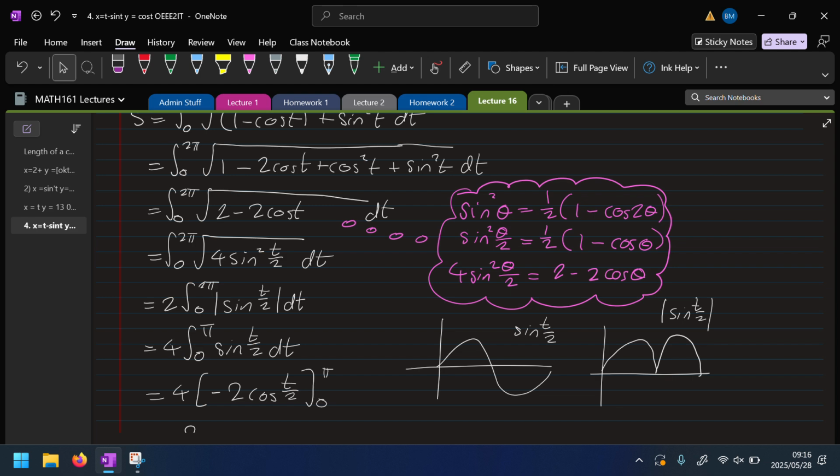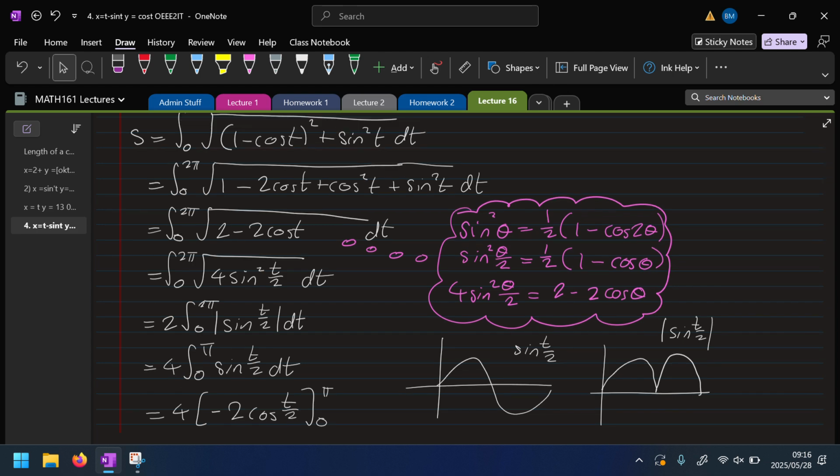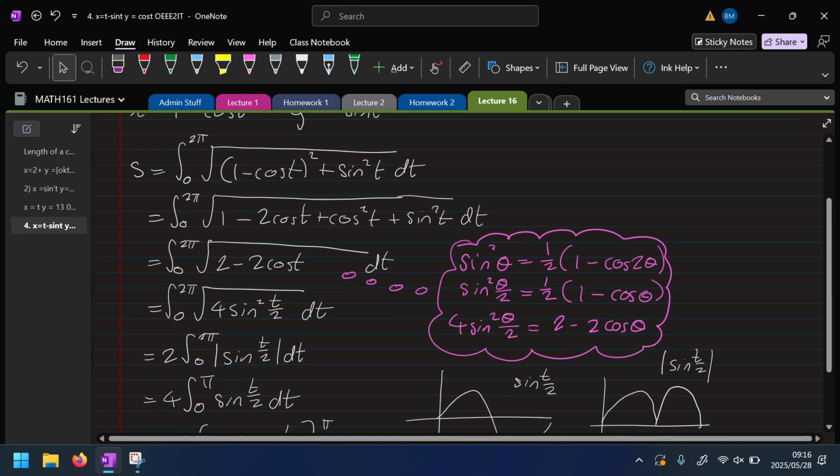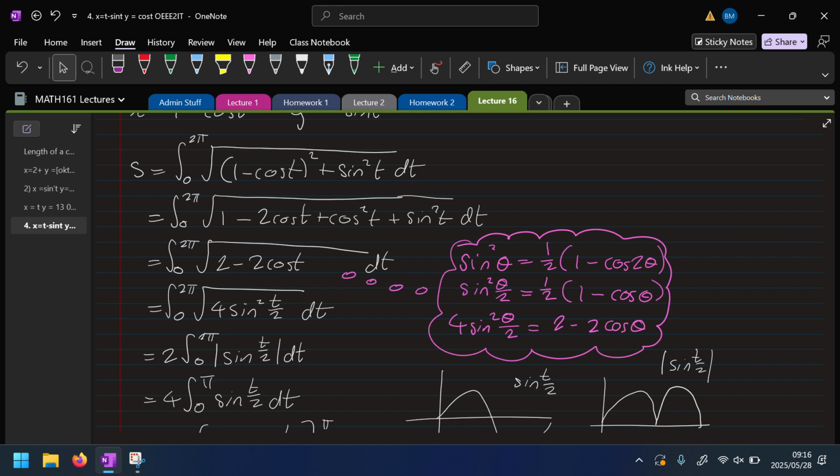Yep. Trig substitution? With which one? So this question. Actually, we would just use sine squared. Yeah, we have just done trig substitution. But substitution with what though? Because it's not like 1 plus x squared or a squared plus x squared. Yeah, trig substitution only works when you've got those squares.